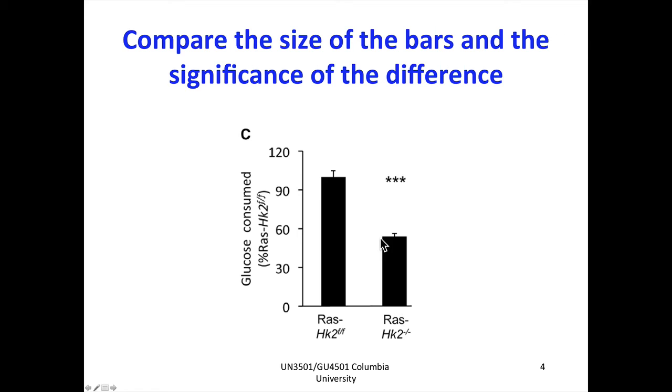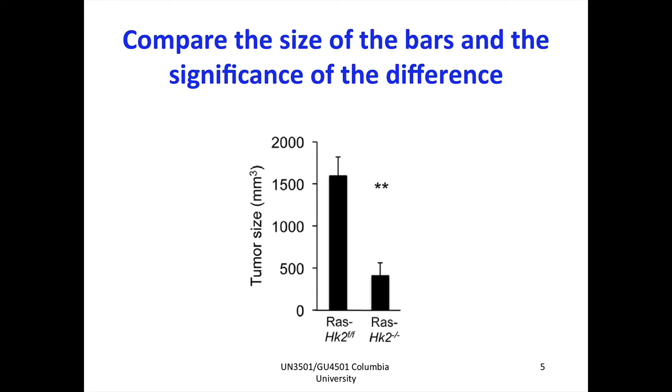Looks like around 50-55% of the level that was consumed in the cells that have hexokinase 2. So there's a difference there, and there's some error associated with each measurement, but they did their statistical test and they said, aha, this difference is very unlikely to be seen by chance, so this is a significant difference in the amount of glucose consumed under these 2 different conditions.